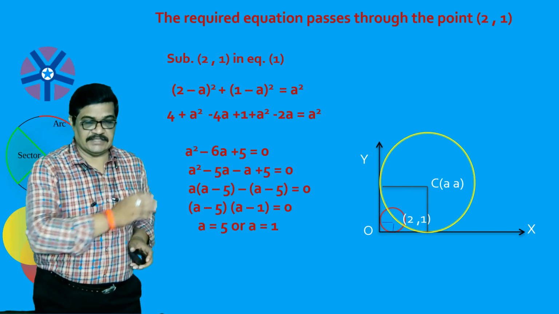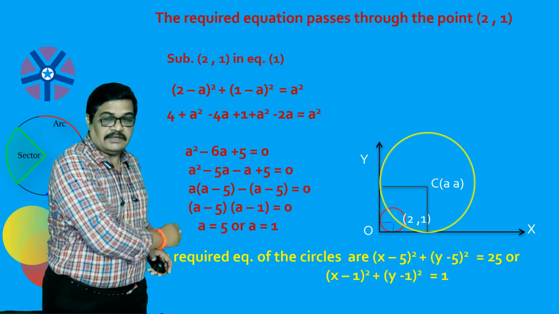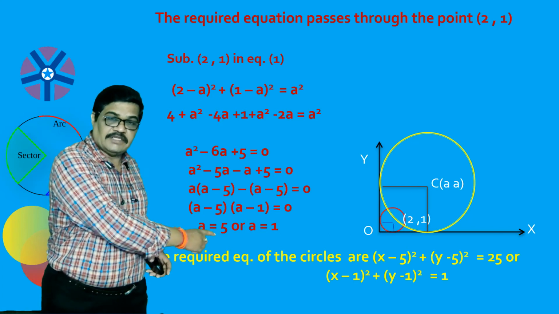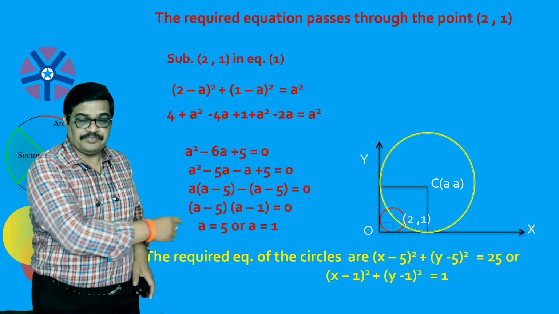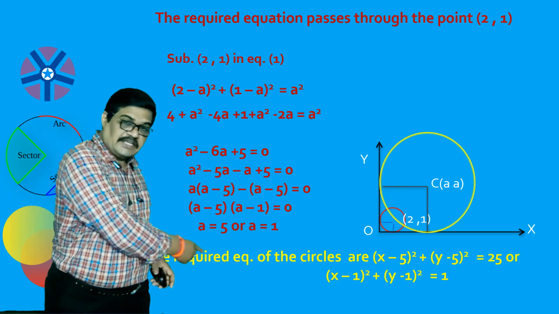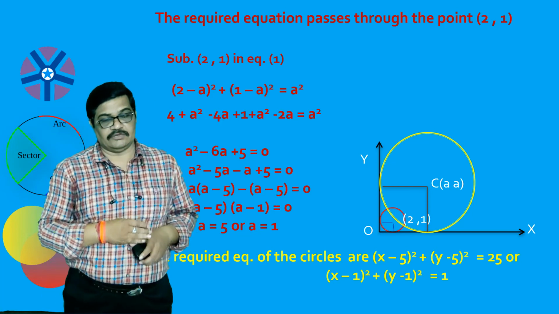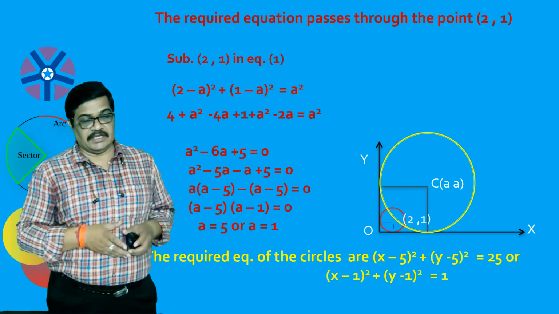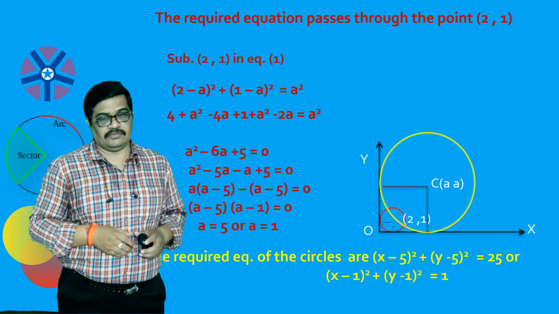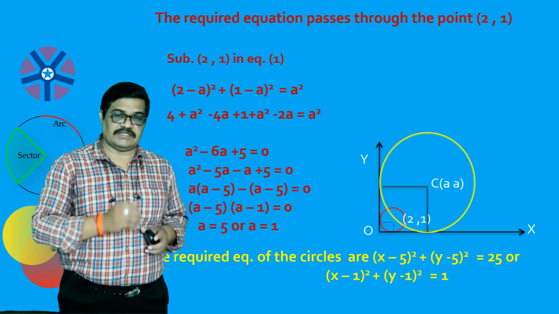Write the circles. The required circles are (x - 5)² + (y - 5)² = 5², that is 25, and the other circle is (x - 1)² + (y - 1)² = 1. The centers are (1, 1) for one circle and (5, 5) for the other.